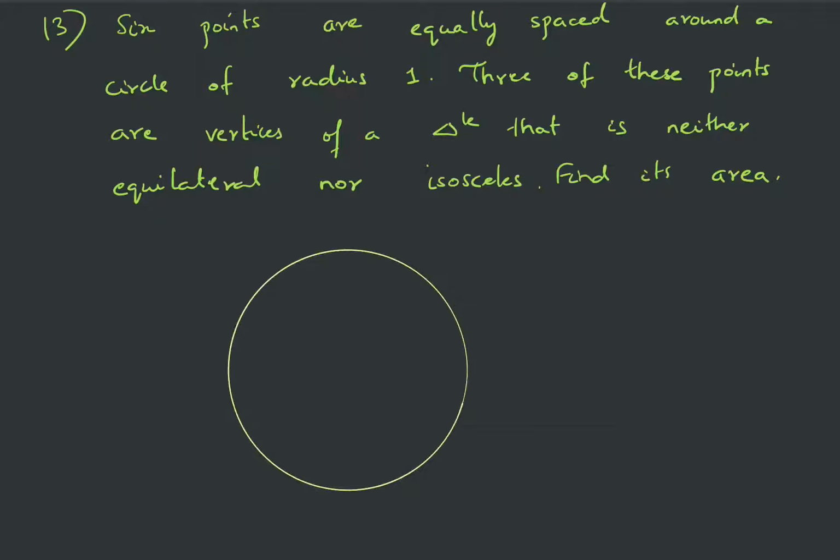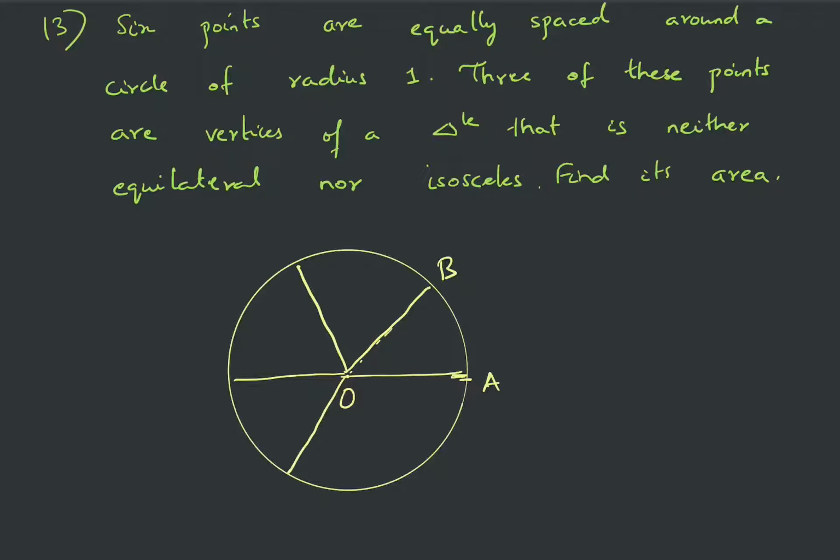Since 6 points are equally spaced, let us say one point is here, point A. Now point B will be 60 degrees to this OA, where O is the center, because 6 points are equally spaced, so the angle between each is 60 degrees.